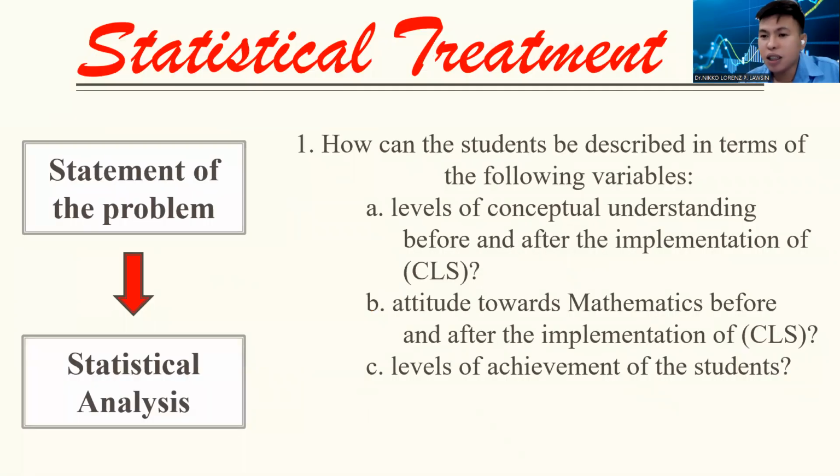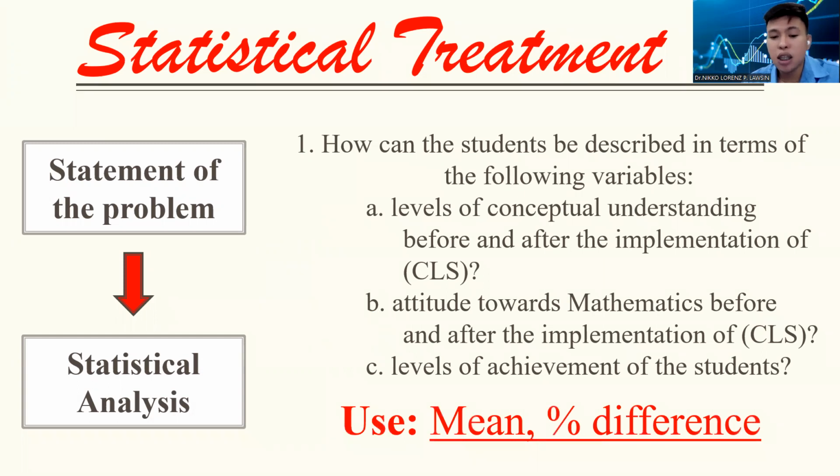Now, there is a separate discussion for statistical treatment, which I will be giving you in a separate video. But at this point, I'd like you to see only the relationship of statistical treatment to the SOP. So for example, you have this kind of descriptive questions. The statistical test that you can use is mean score, percentage, difference.